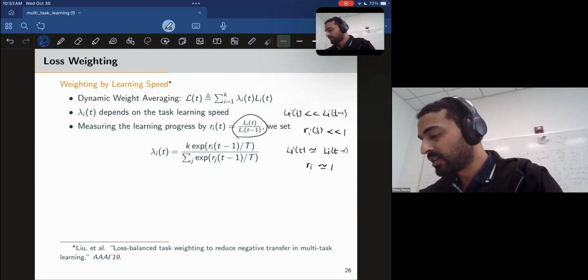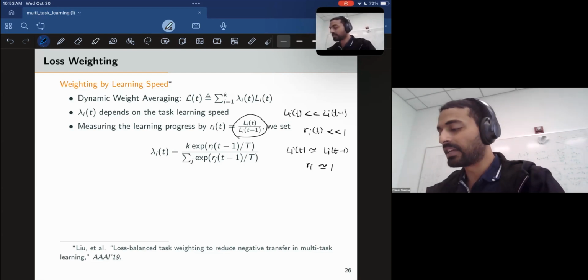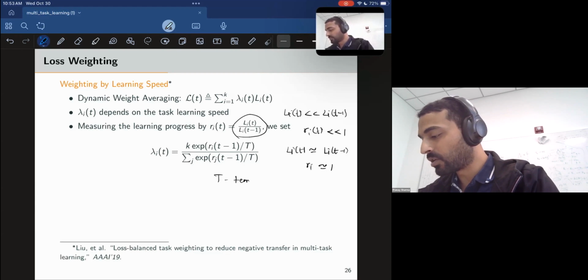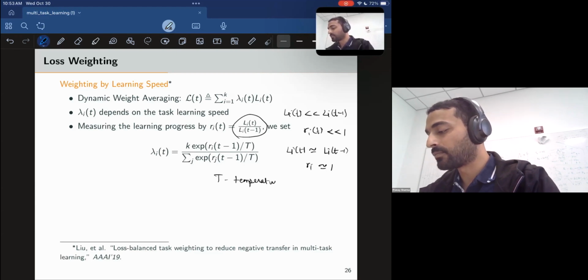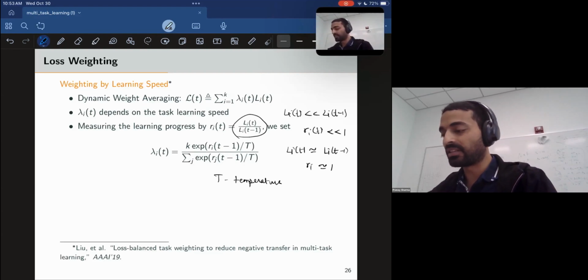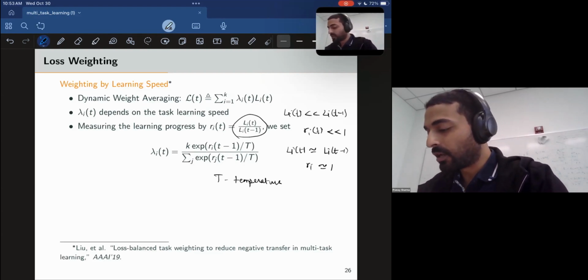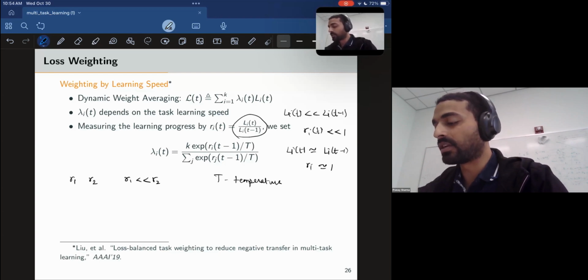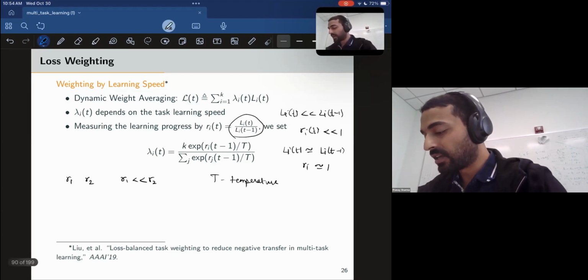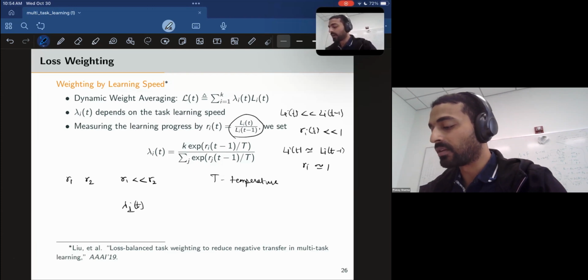And then what we do is we take the softmax of all these R_it. So here T is something called the temperature. And let me simplify this significantly. So suppose there are only two tasks. You have R1 and R2, and R1 is much smaller than R2, right? So for task one, learning is happening very quickly. In that case, what you would want is you would want lambda 1 to be much smaller than lambda 2, right?